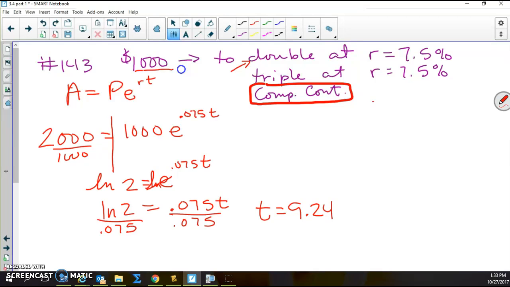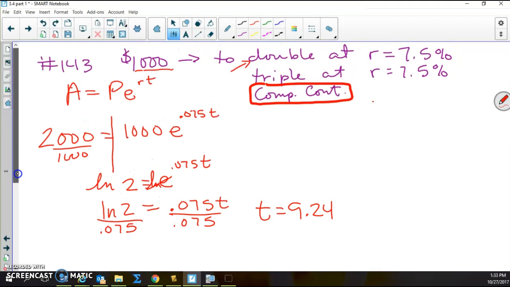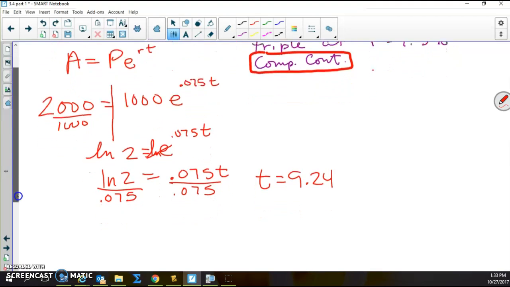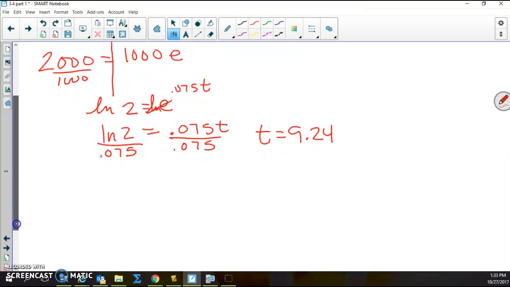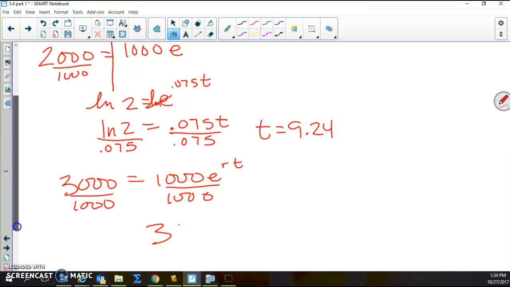The next part of the question, of course, asks how long to triple. So instead of 2,000 equaling 1,000 e to the rt, we're going to have 3,000 equals 1,000 e to the rt. You'll work this the exact same way. We just have a new value, 3. 3 is equal to e to the 0.075 t.